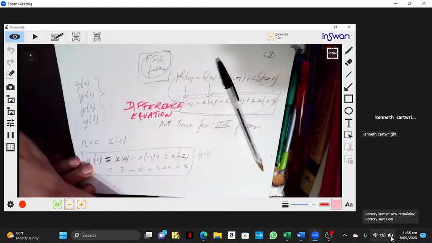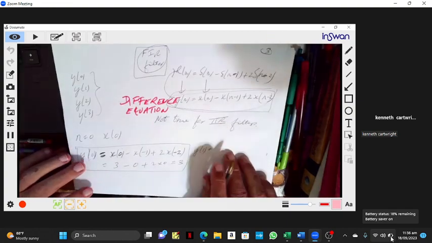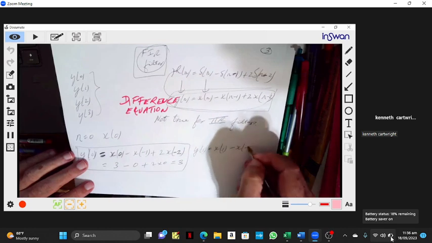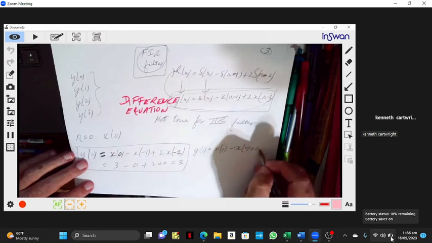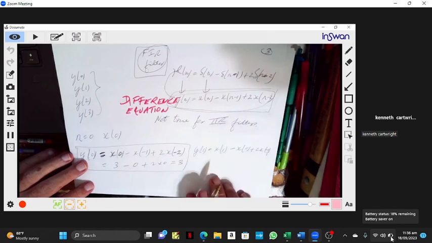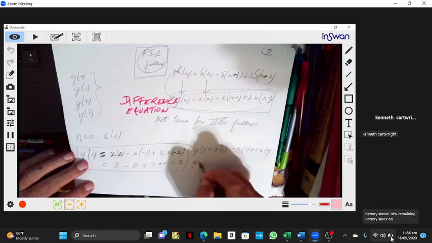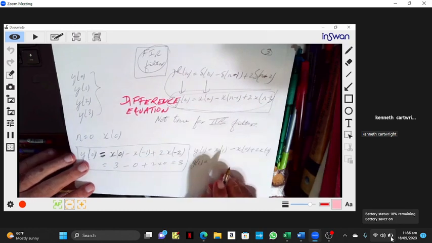Again, what's the y equation? x of 1 minus x of 0 plus 2 x of negative 1. Y of 1 is x of 1. X of 1 from the graph is 2.